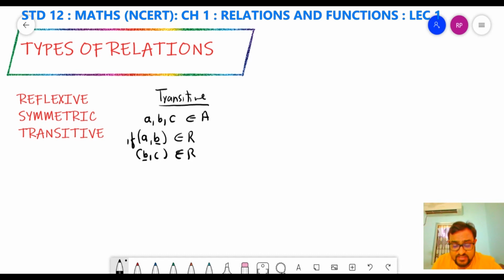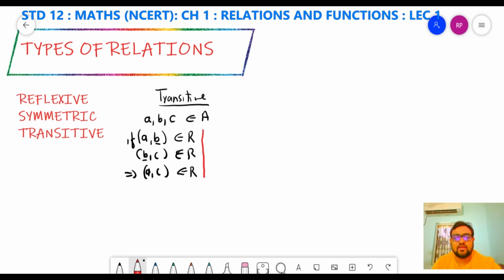If this is the condition, then this must imply that (a, c) belongs to R, right?